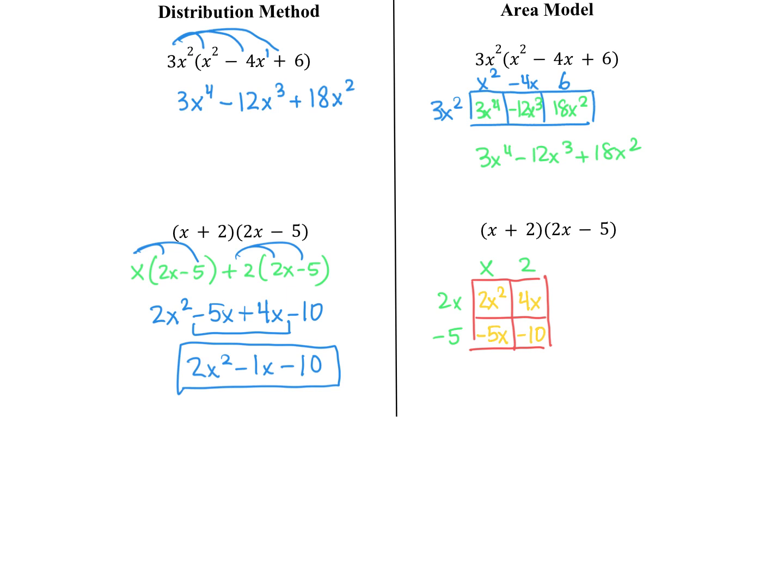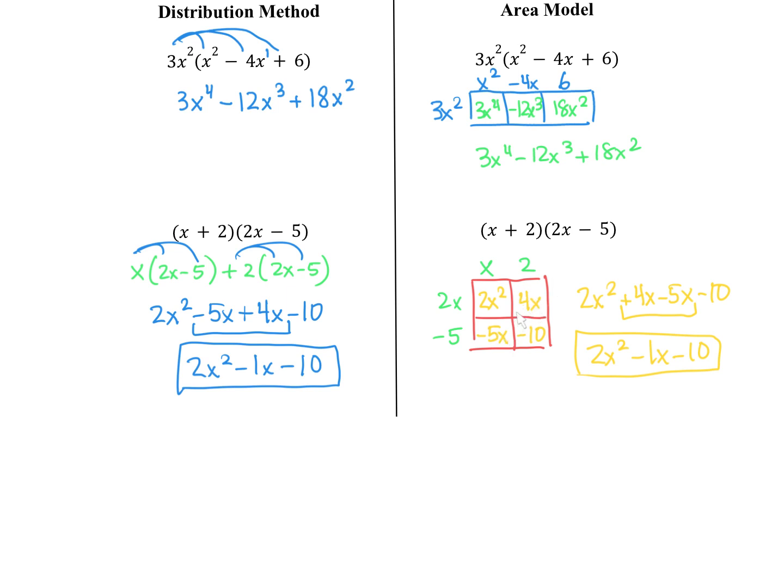All the terms need to come out of the box. 2x squared plus 4x minus 5x minus 10. And then combine like terms. 2x squared minus 1x minus 10. Same exact answer as we got on the left-hand side. I tend to lean towards the box method when we're doing this.